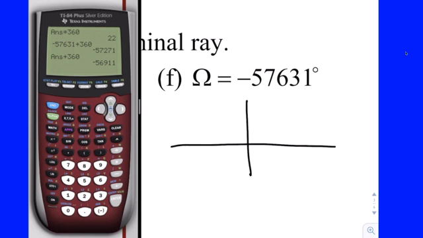Now, here's one way to do it. Some of y'all found the efficient way. I typed in negative 57631. Because it's a negative angle, that means we're going what? Clockwise or counterclockwise? Clockwise. If you want to then start getting back to something between 0 and 360, because it's a negative angle, you have to add 360 instead of subtract it.